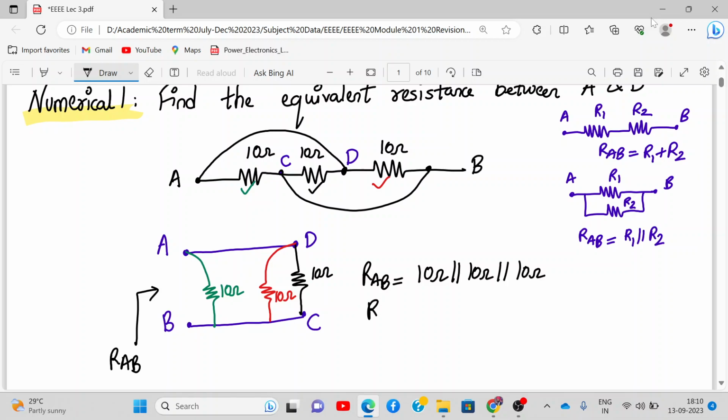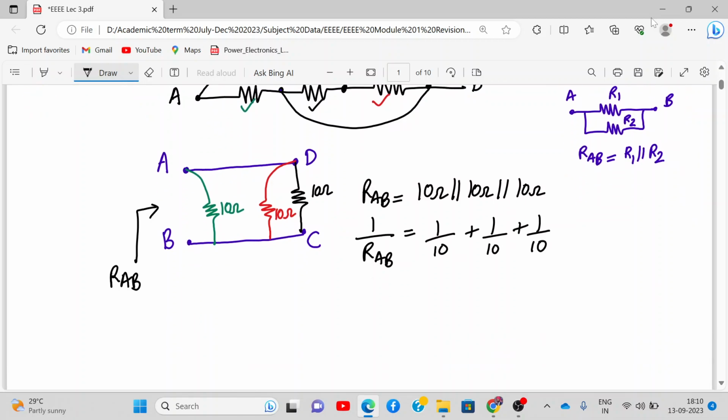Okay. So we will find it by using the other formula, that is 1 upon RAB is 1 upon 10 plus 1 upon 10 plus 1 upon 10. With this, if you find the value of RAB, that value will be 10 by 3, which is 3.33 ohms.